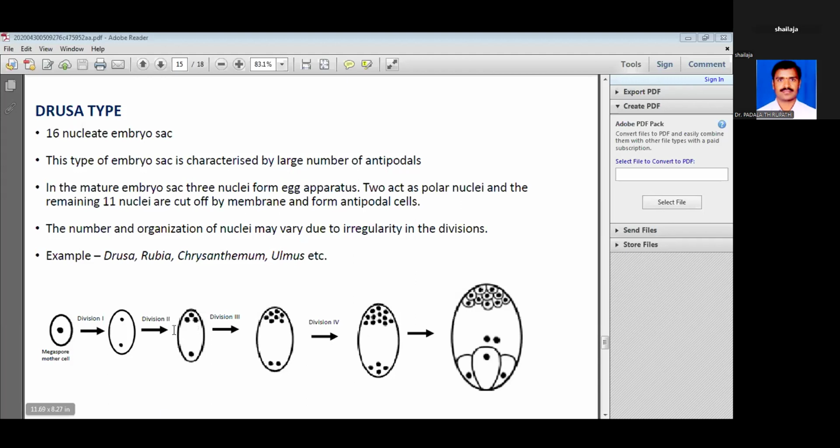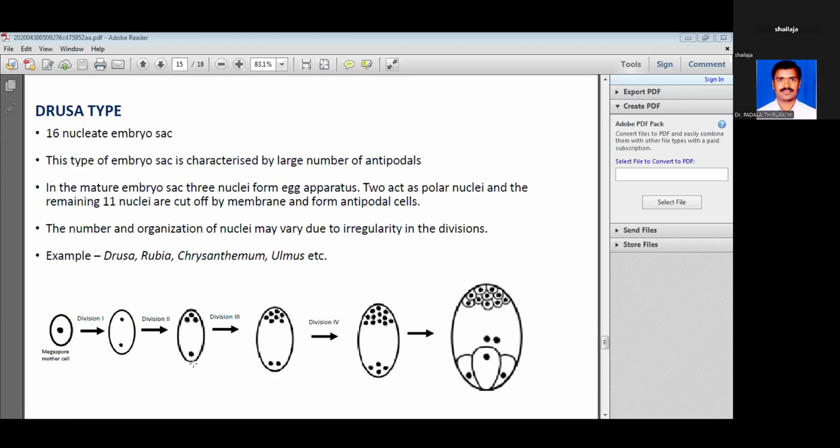After the meiotic divisions 1 and 2, 4 haploid megaspores are formed, but the arrangement is different, a 1 plus 3 arrangement. So we can see in the drusa type, 1 plus 3 arrangement. So what happened? One nucleus is located at the chalazal end, 3 at the micropylar end. Okay, sorry, this is the opposite side.